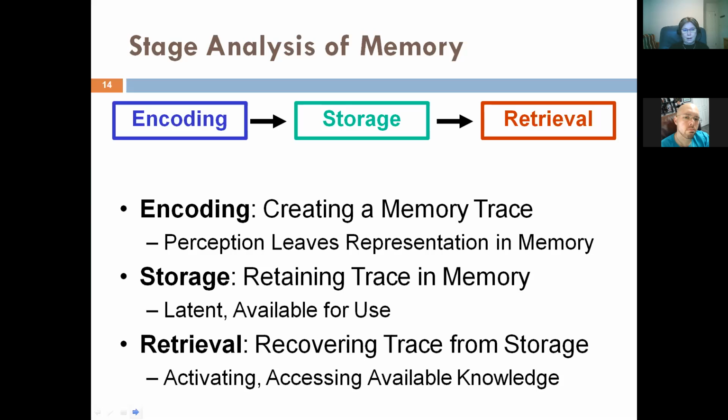Now in storage, of course, we have that memory trace hanging out there, hopefully forever, in a latent state. And whenever we need it, we get to the retrieval stage, and we pull that trace out of storage and activate it to do something that is of interest to us.